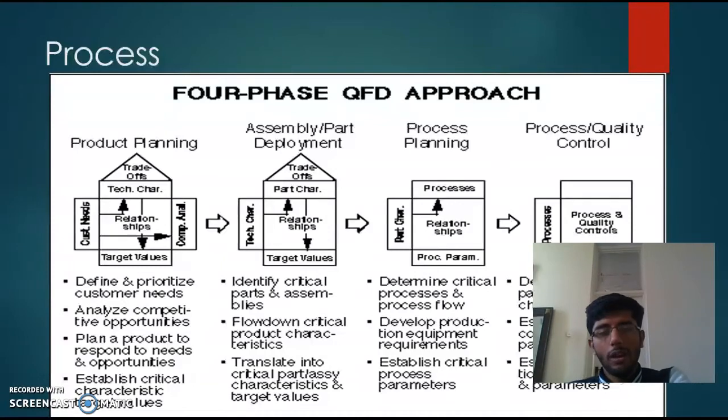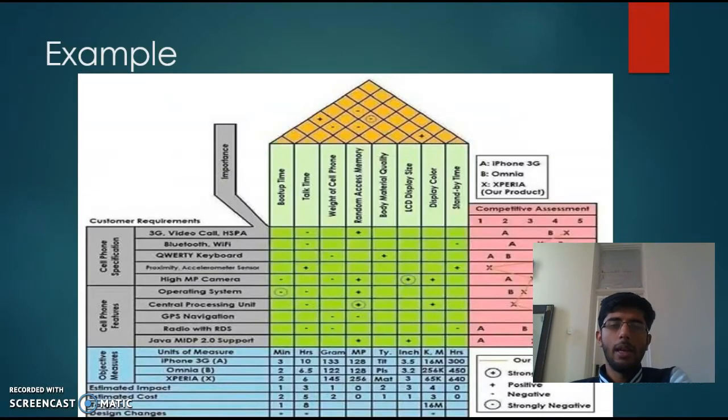Now we will understand quality function deployment with an example. This is a chart of the house of quality, and this diagram is actually defining the process of quality function deployment.